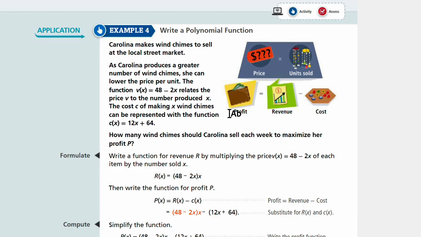And then you're going to write the function for profit P, which is revenue minus the cost. So how much you earn by selling, minus the cost you already paid, will give you the profit. Okay, so 48 minus 2x in parentheses times x, minus this equation now, 12x plus 64, would give you the profit.